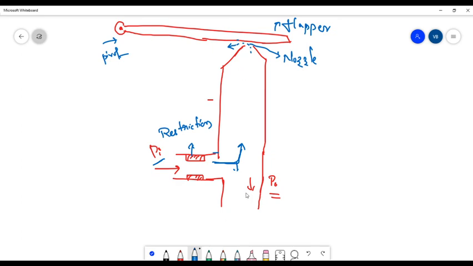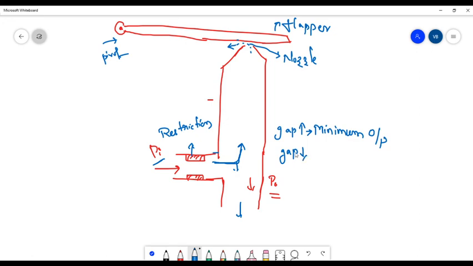Then what do you get at the output side? You are going to get the minimum output. Whenever the gap is more, you get the minimum output.